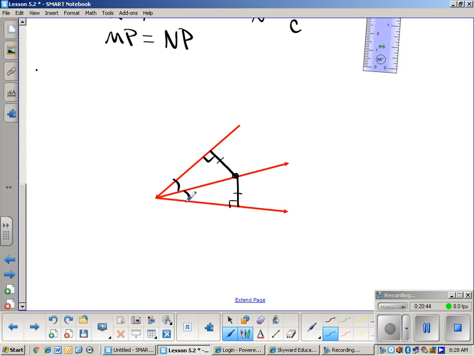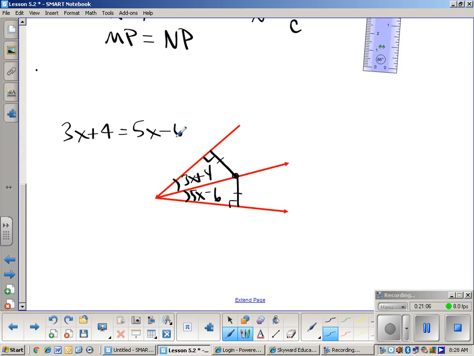So if they told me this was 3x plus 4, and this is 5x minus 6, then to solve for x, what would I write, Hunter? 3x plus 4 equals 5x minus 6.